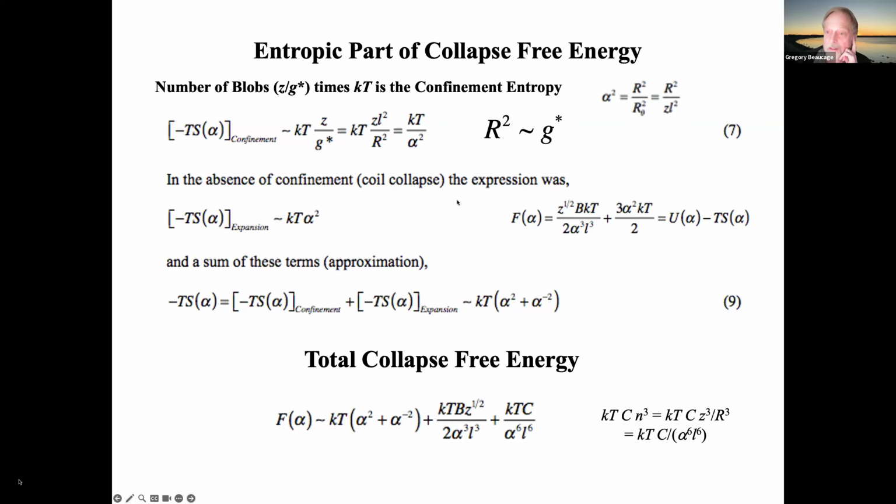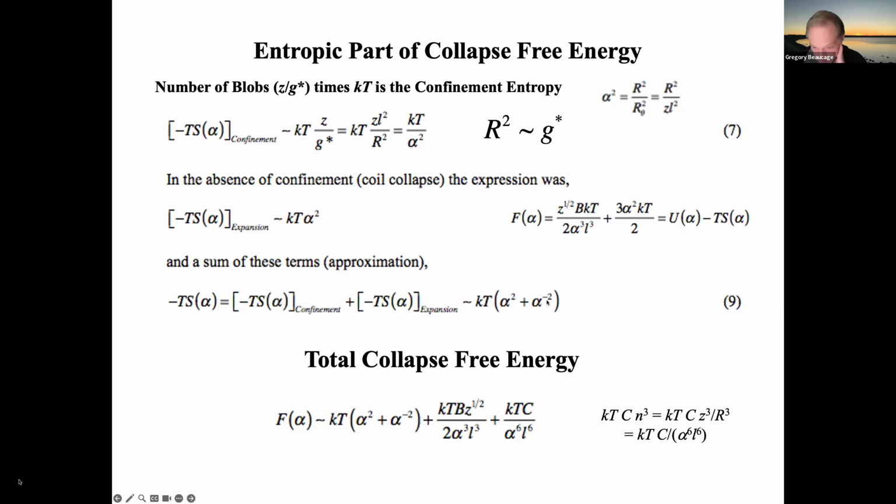And before, in this equation for the ideal case, we had alpha squared. So you have 1 over alpha squared and alpha squared, and you sum those two entropic terms. This is the entropic part of the chain, the random walk chain. You sum those two and you get alpha squared plus 1 over alpha squared minus 2. When alpha equals 1, it's Gaussian.